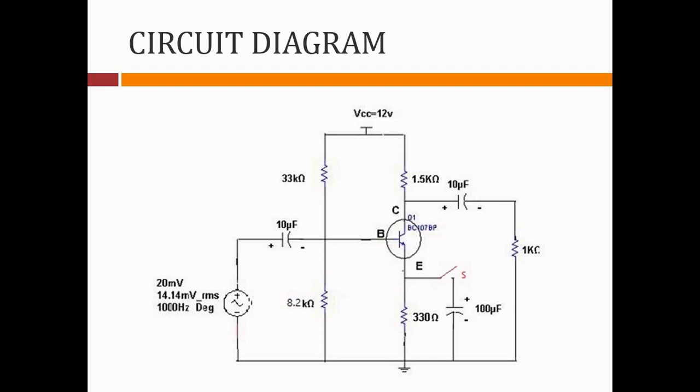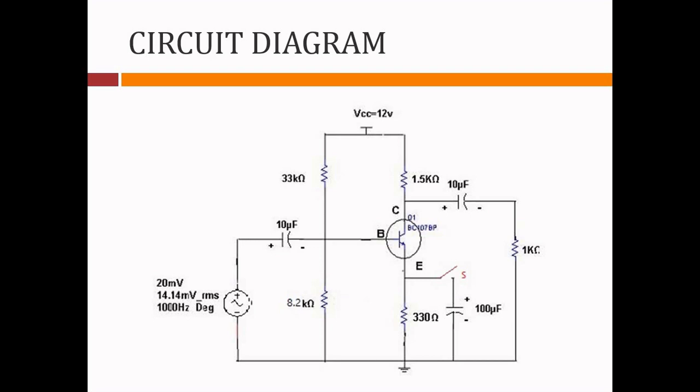In the class we have discussed the importance of resistors. Right now what you can see is 33 kilo ohms as R1, 8.2 kilo ohms as R2, RC, RE and so on. Now the most important factor here is the bypass capacitor. If I connect the bypass capacitor using that switch, meaning if I close that switch, no feedback happens.